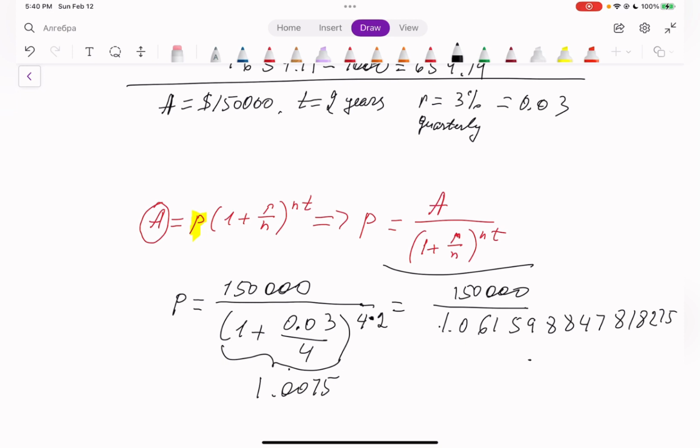I wrote down the whole number because the numbers are pretty high, and when you round, it keeps rolling and accumulating. So now 150,000 divided by 1.06158847818.